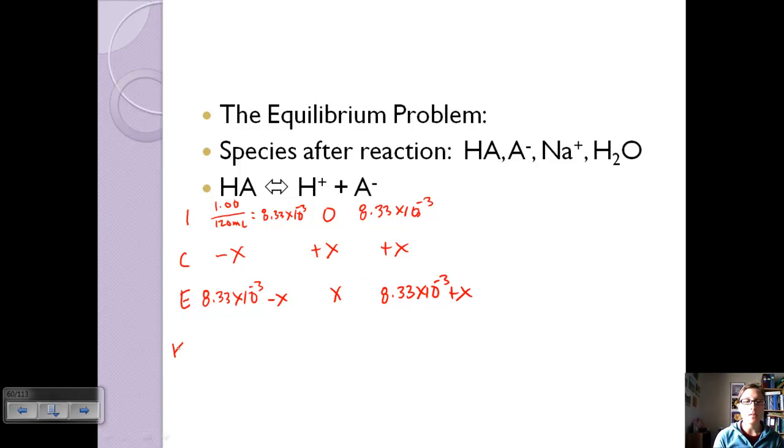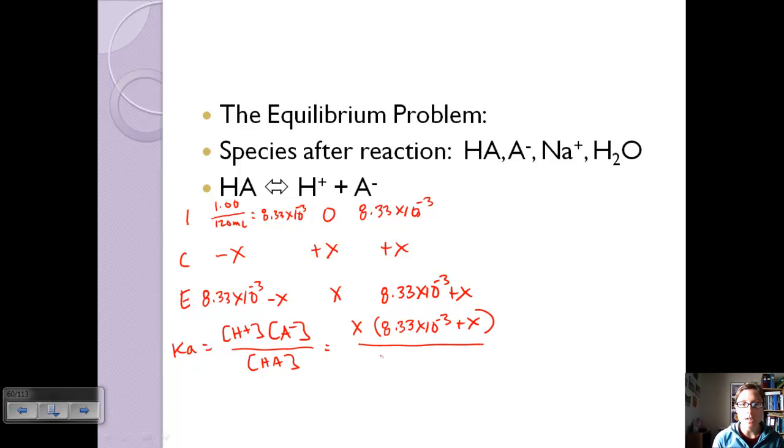And so we can put this into our Ka, which is equal to H+ times A- over the acid. And did it give the Ka? No, we're finding the Ka. That's our issue. Okay, so our H+ is x, our A- is 8.33 times 10 to the negative third plus x, and our HA is 8.33 times 10 to the negative third minus x.